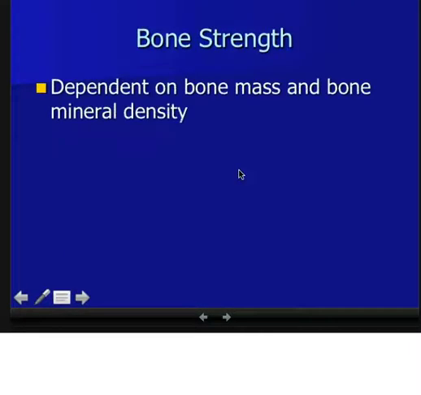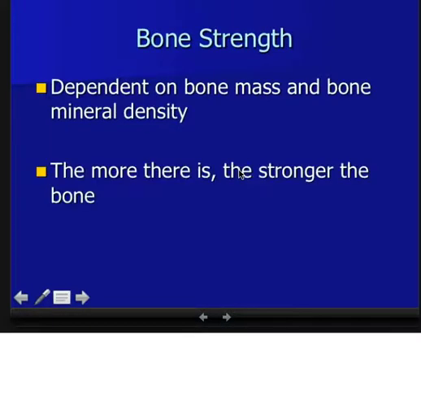Okay. Bone strength is dependent on bone mass and mineral density. The more there is, the stronger the bone. Bone is an interesting composite of protein and calcium phosphate. The calcium phosphate lends hardness to the bone so it can resist forces of compression, while the collagen resists twisting or torsional forces.